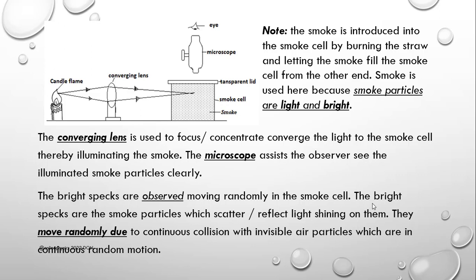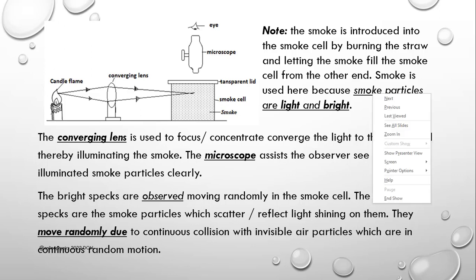The bright specks are the smoke particles which have been illuminated by the light shining on them. The smoke particles are in continuous random motion because they are colliding with the invisible air particles in the smoke cell. So from that point, we can give a lot of details from the smoke cell experiment.